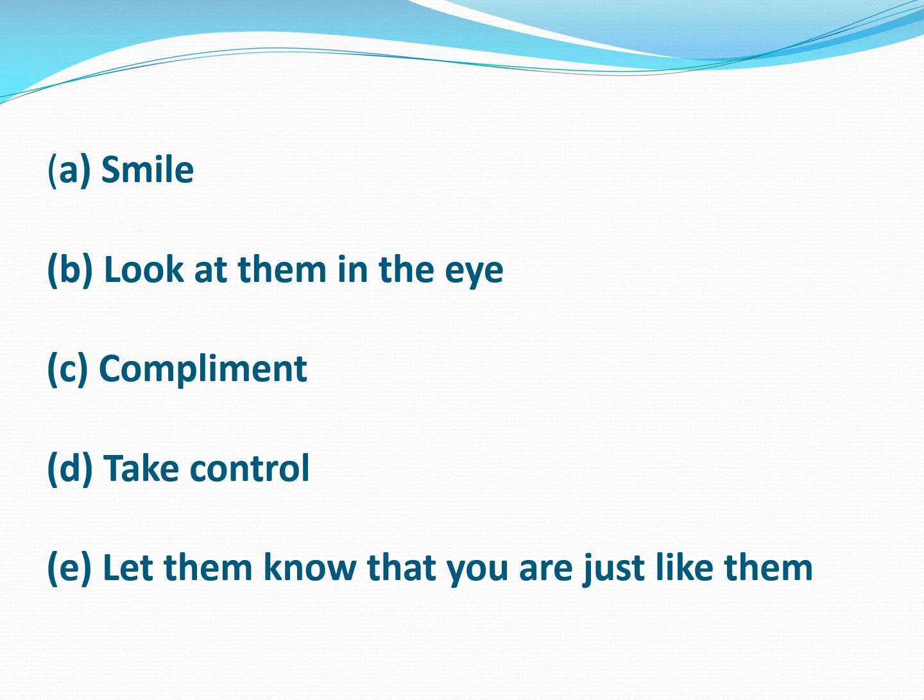The first one is smile. As we already know, smile is very important, and I have explained it in the previous slide. The next one is look at them in the eye. Maintaining eye contact is very important, because the guest might feel ignored if you do not maintain eye contact.